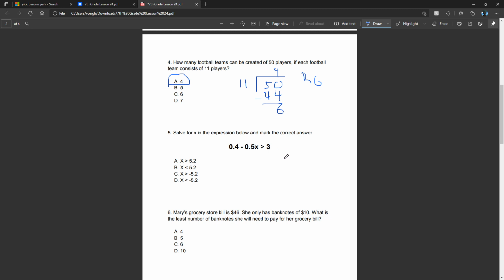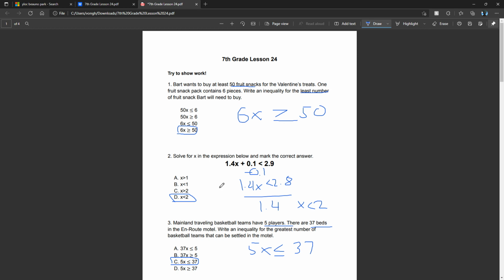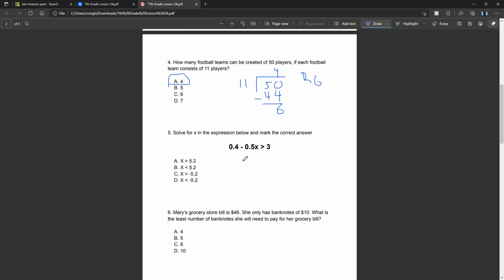5, try this one on your own. I'll give you the answer. It's just like number 2. Actually, I'll just do it. So first you want to subtract 0.4 on both sides. So then you get negative 0.5x is greater than 2.6. Then you divide both sides by negative 0.5.